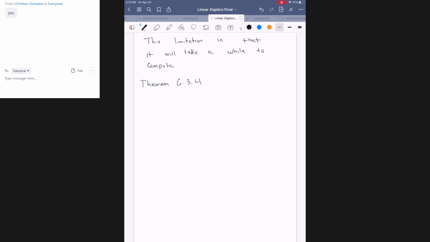Theorem 6.3.4, which says this. So let B be B1 to Bn, and B prime be U1 to Un, be two bases in Rn.